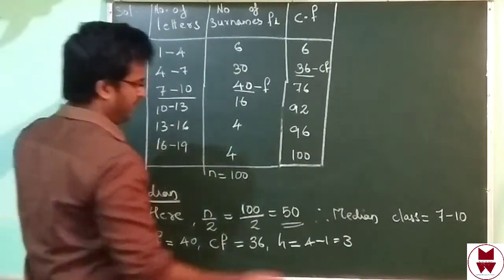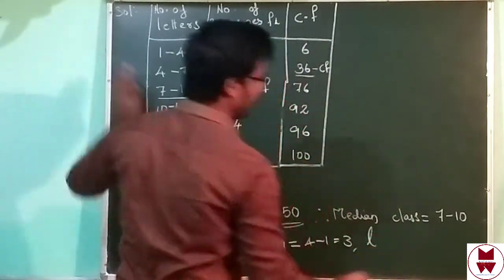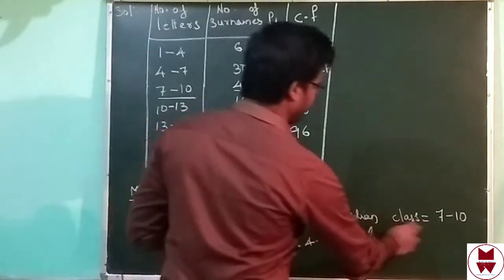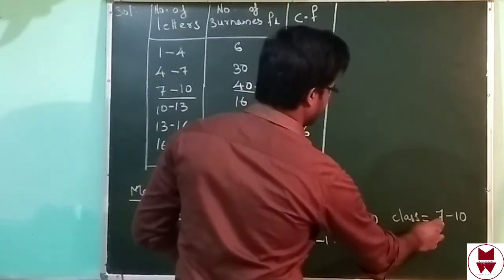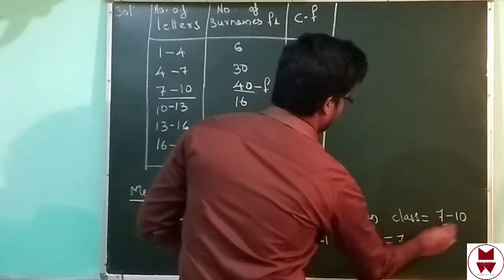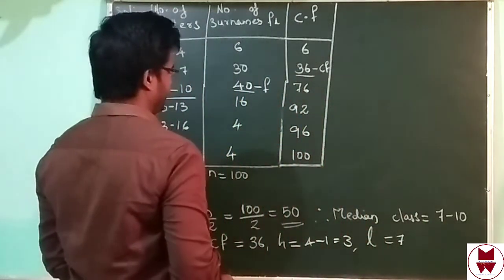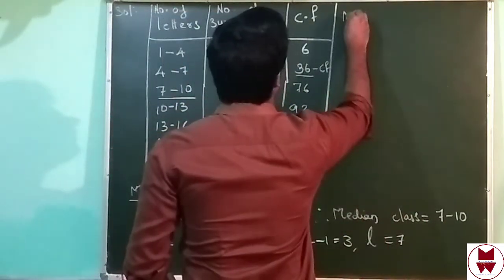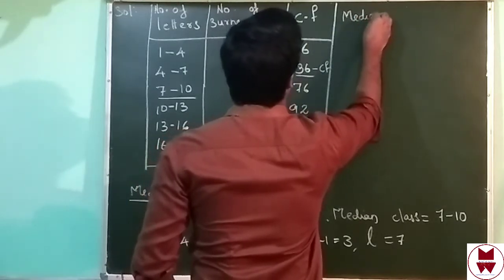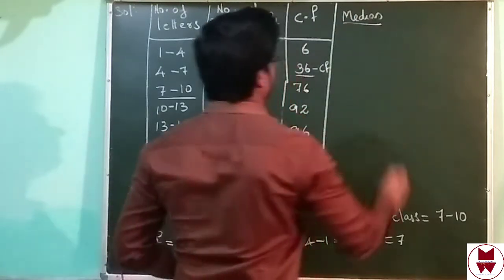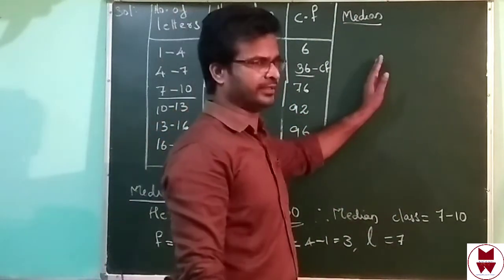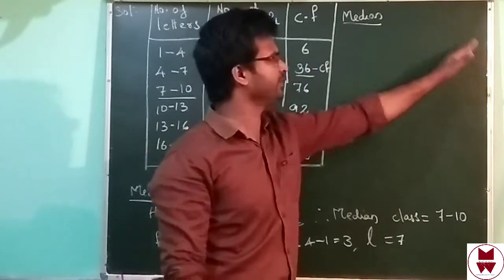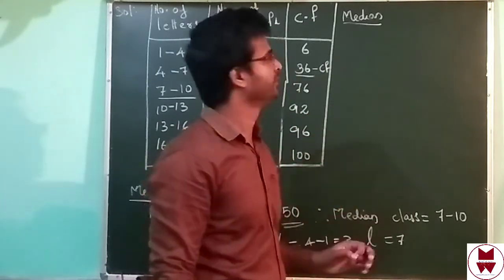Then l means lower limit of median class. This is median class 7 to 10, and here lower limit is 7, upper limit 10. Students, in your notebook, don't write in here because we have to extend this table for mean.